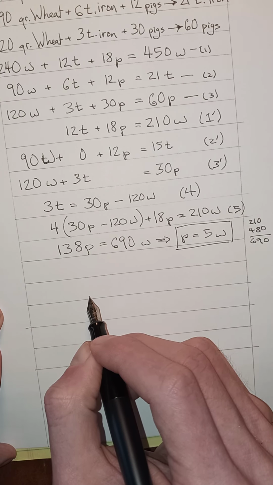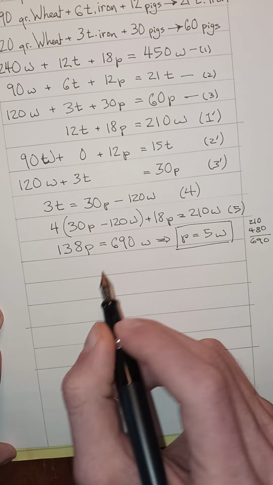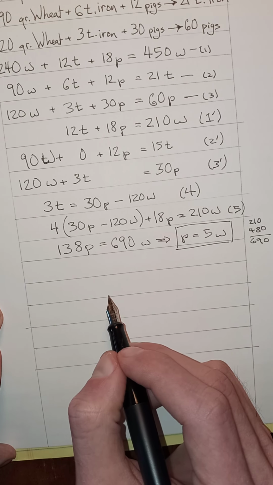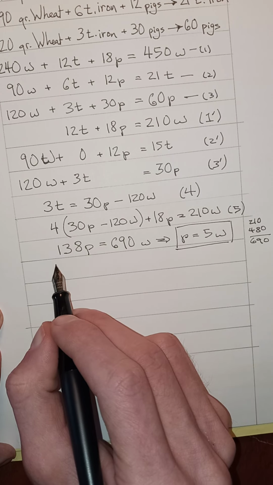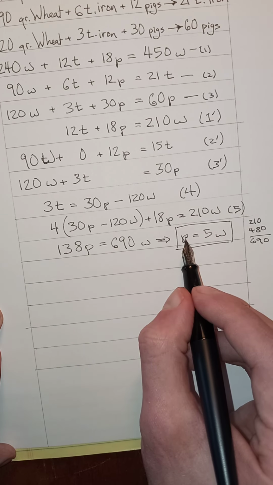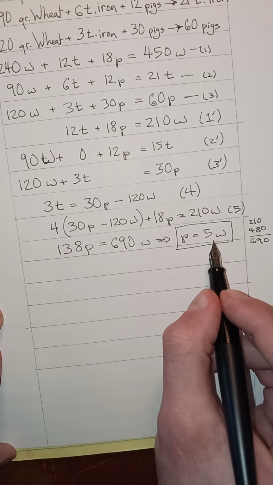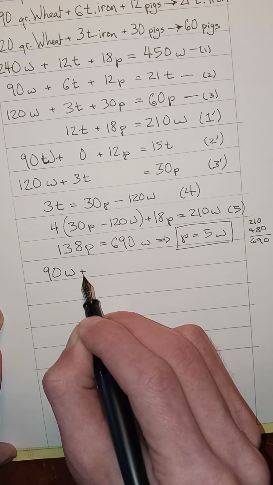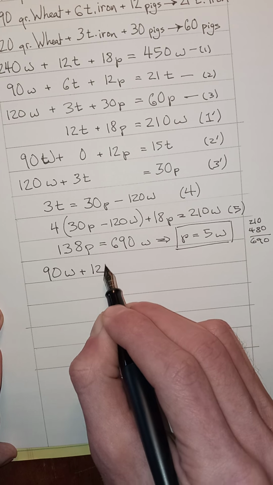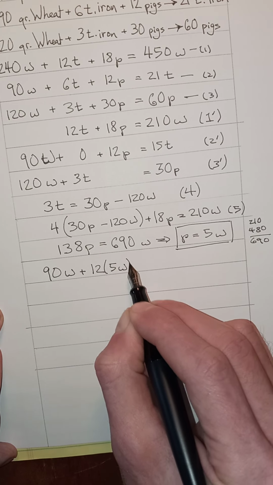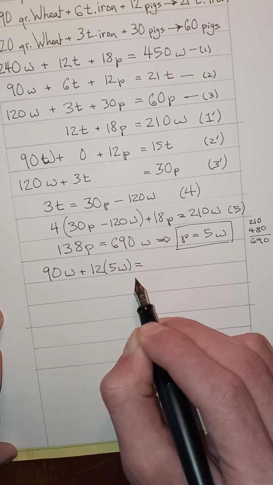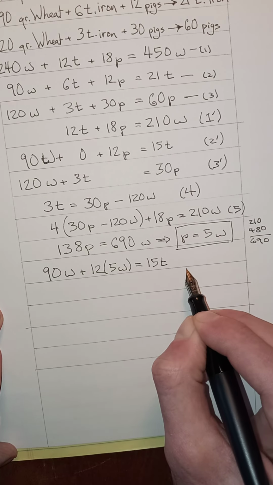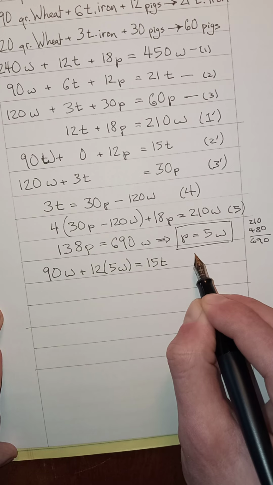Now we need to figure out what a ton of iron is exchanged for. So we can go back to equation 2 prime and plug in how much a pig is valued in terms of wheat. And we find that 90 quarters of wheat plus 12 times the value of 5 quarters of wheat is equal to the value of 15 tons of iron.